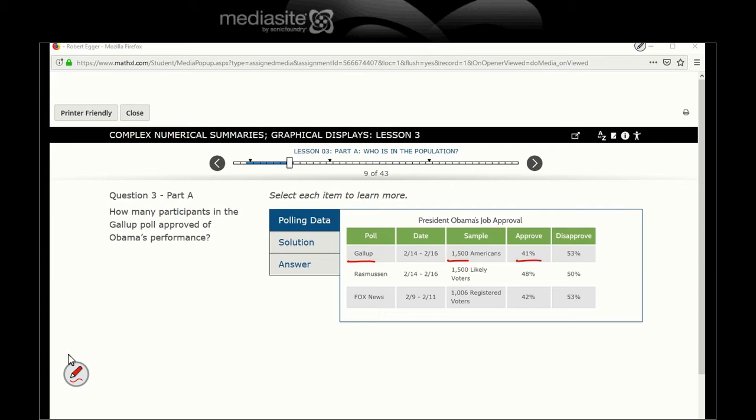So the question is, of the 1,500 Americans sampled, 41% approved. So what is 41% of 1,500? So again, 41 over 100 equals some part over 1,500 Americans.